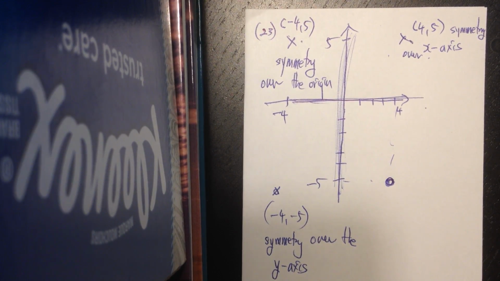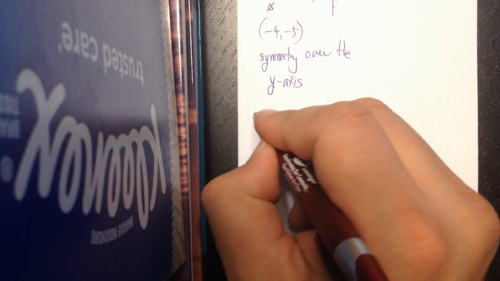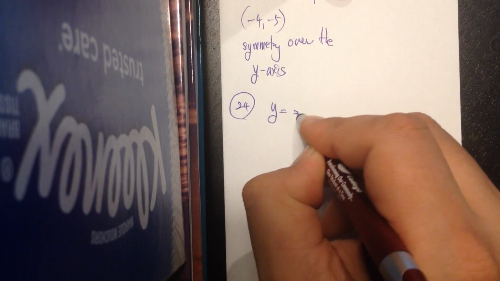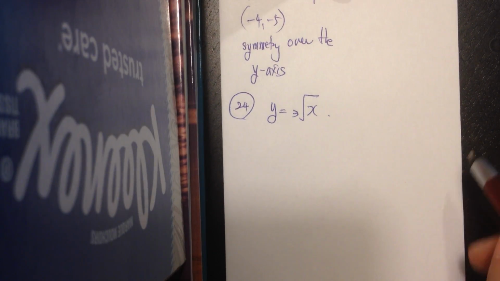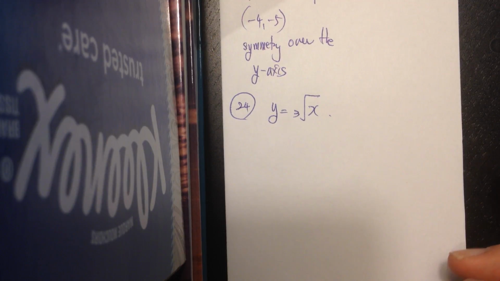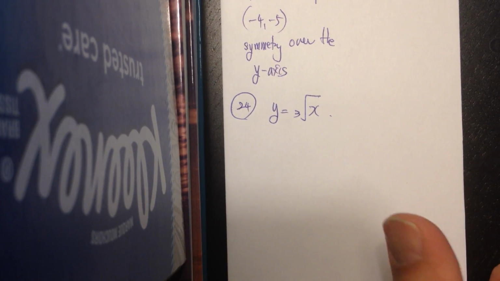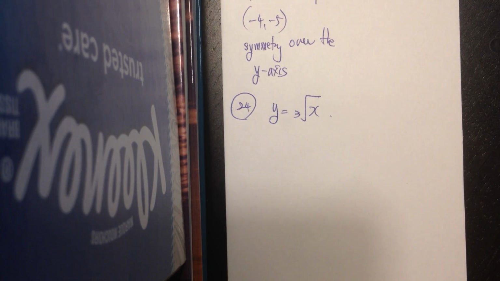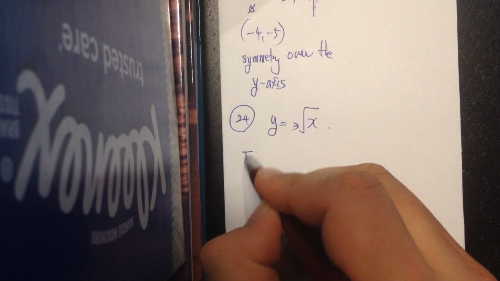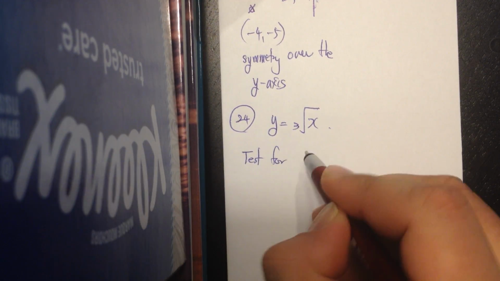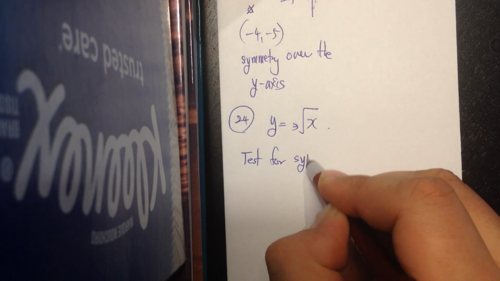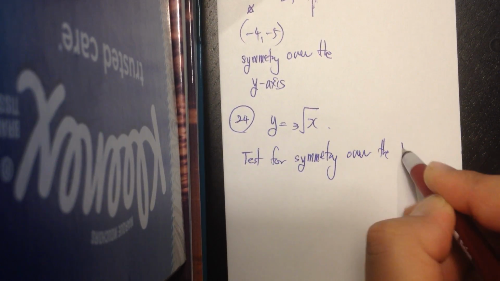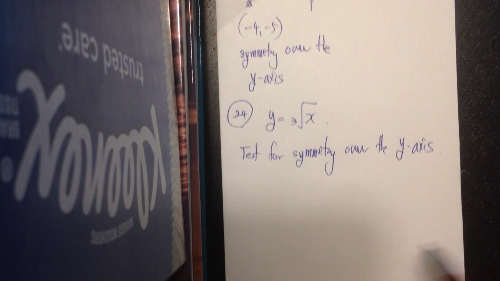Okay? How do we run the test? It's 24. Okay. So here is y equals 3. Now, let's run the test for symmetry over the y-axis. Let's run this one.